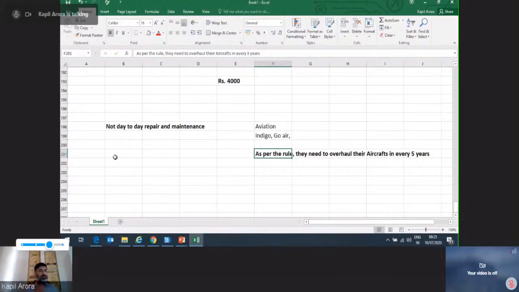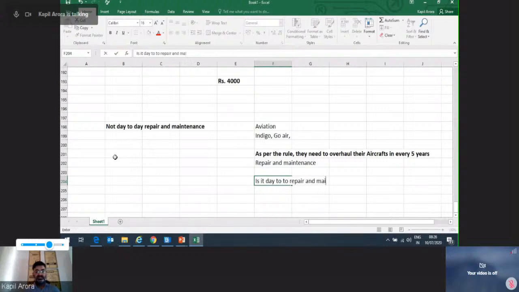This is the rule. Now the question is, this is a kind of repair and maintenance? But is it day-to-day repair and maintenance? Are we doing this on a day-to-day basis?